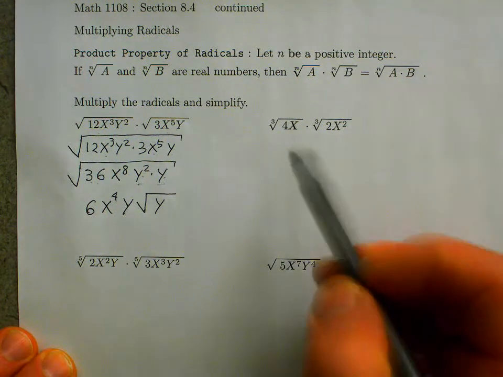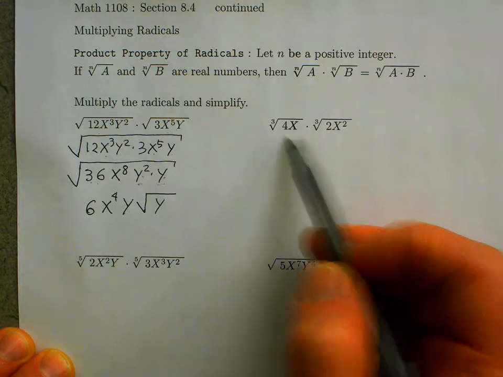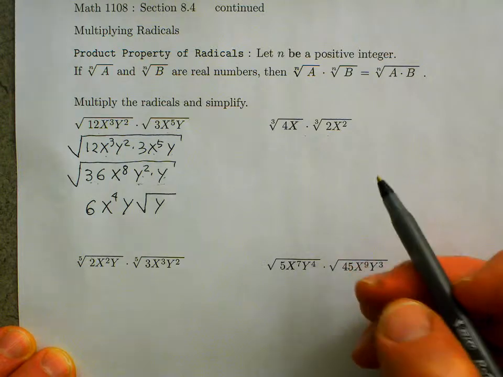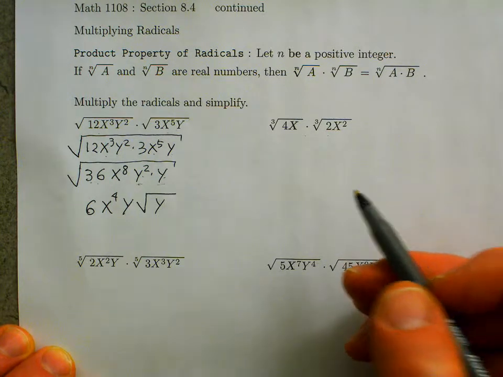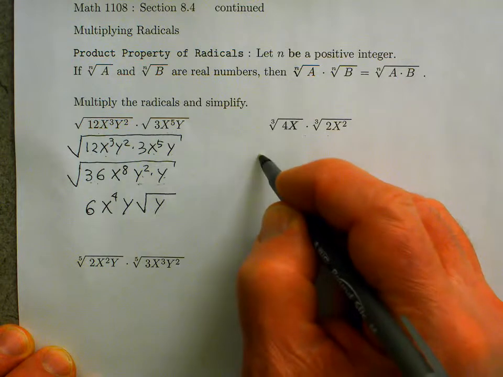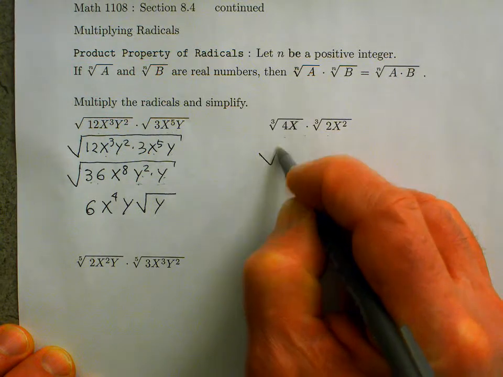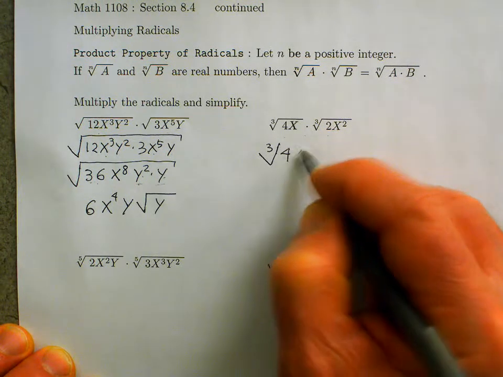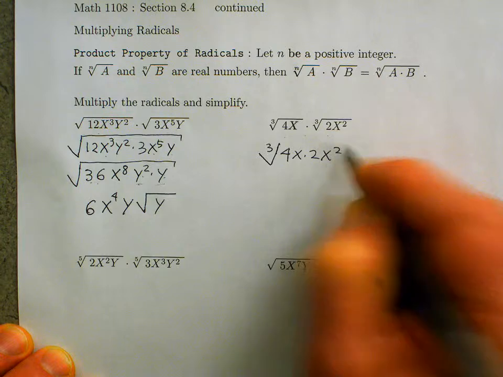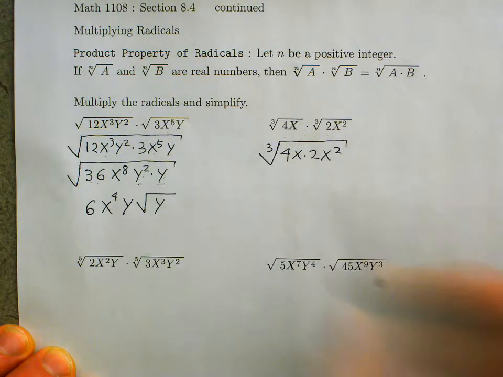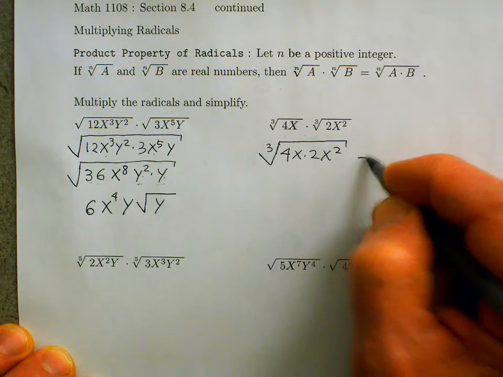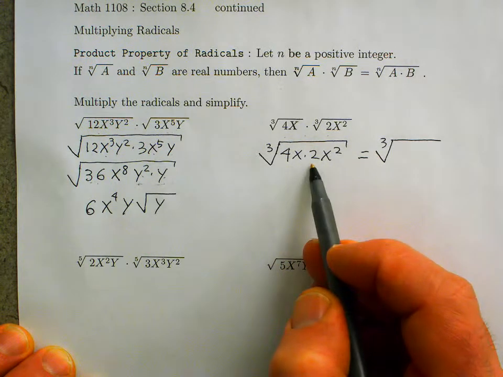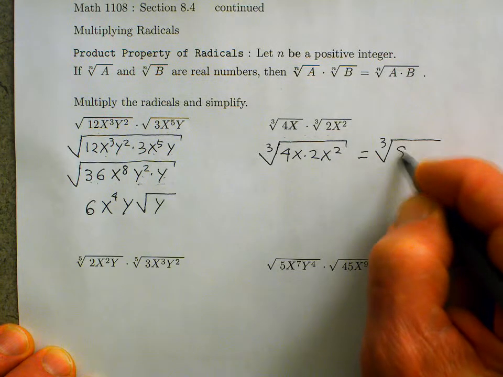Okay, the next one involves the cubed root of 4x times the cubed root of 2x to the second. So we'll write it as a single cubed root, or the third root of 4x times 2x to the second. Then multiply those terms inside the radical. 4x times 2x to the second is 8x to the third.